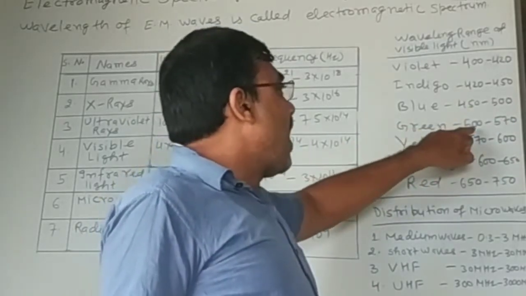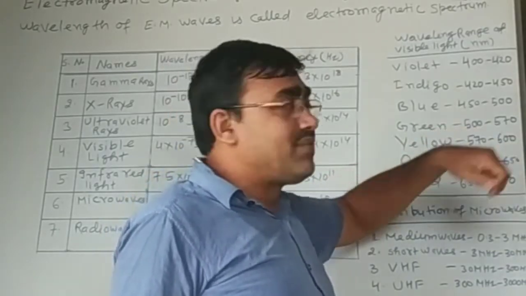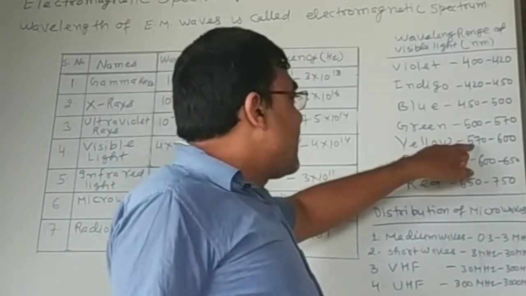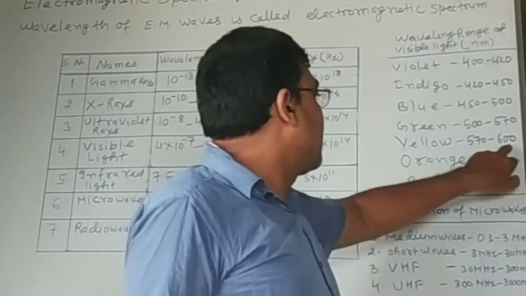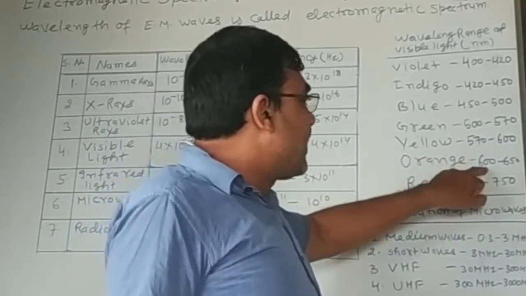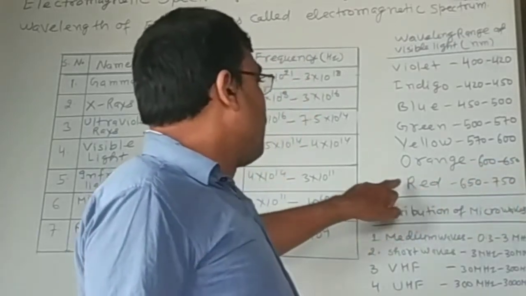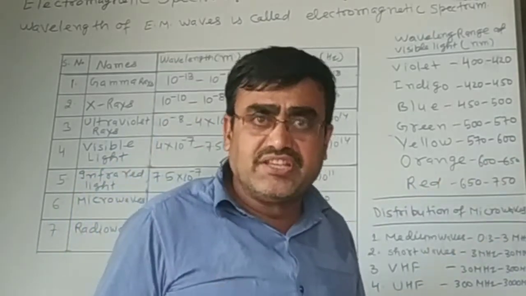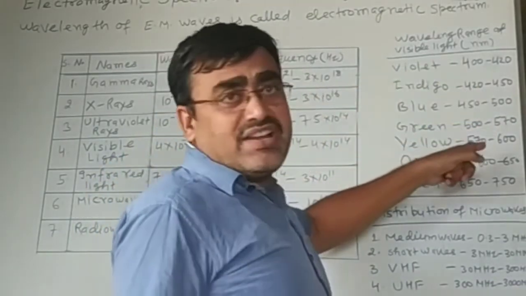Green has 500 nanometer to 570 nanometer. Yellow has 570 nanometer to 600 nanometer, and orange has 600 nanometer to 650 nanometer, while red has 650 to 750 nanometer. This rule is also obeyed here.